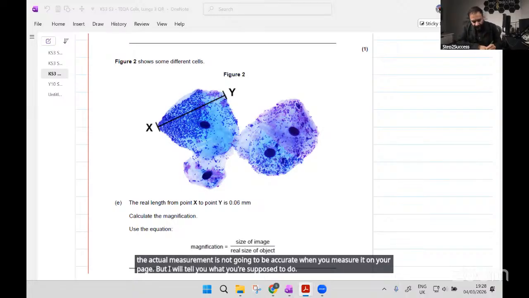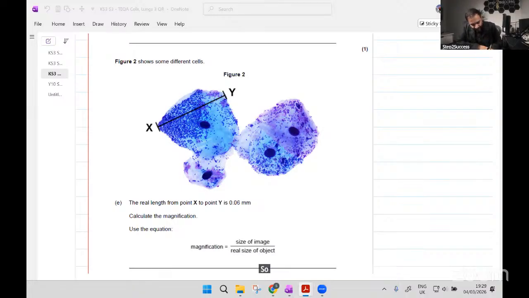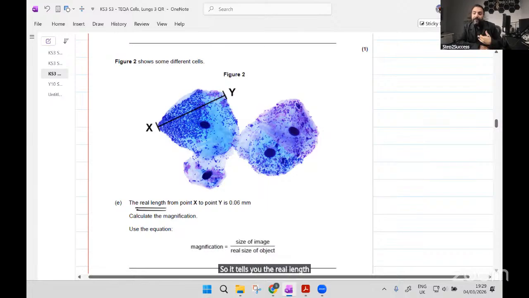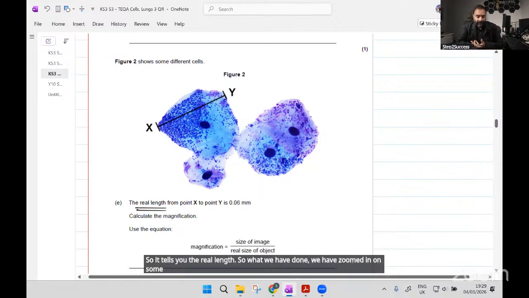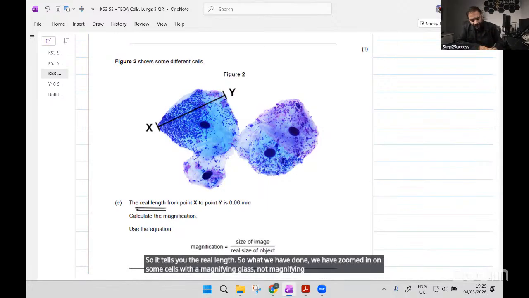It tells you the real length. We have zoomed in on some cells with a microscope. And we are told that the real size in real life, because it's so small, is 0.06 millimeters for this.